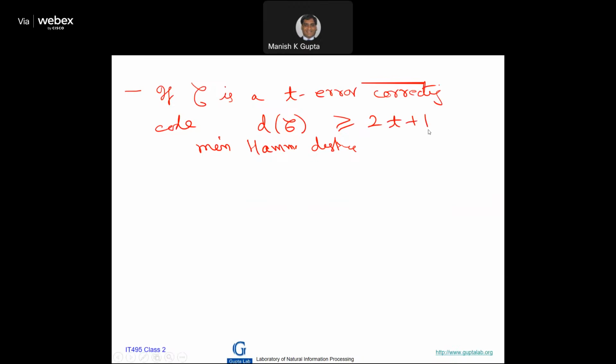Okay. So C is our n, k, d code, means a k-dimensional subspace of the vector space, and it is a T error correcting code if minimum distance of C is at least 2T plus 1, and I can establish the fact.